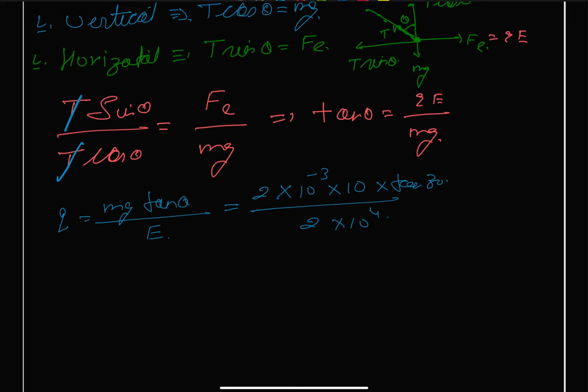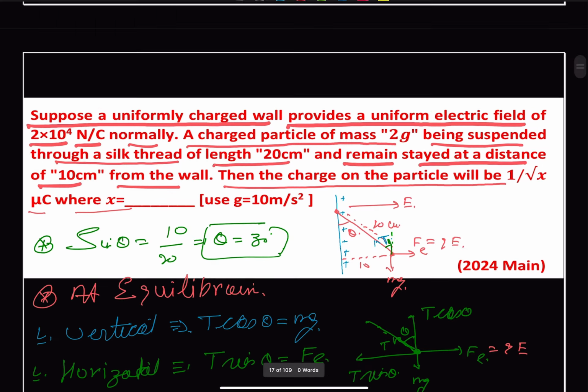So this will be giving us 1 upon 10 raised to power 6 square root of 3. Okay, and we need this in microcoulomb, so we can say our charge q will be equal to 1 upon square root of 3 microcoulomb, and the given value is 1 upon square root of x.